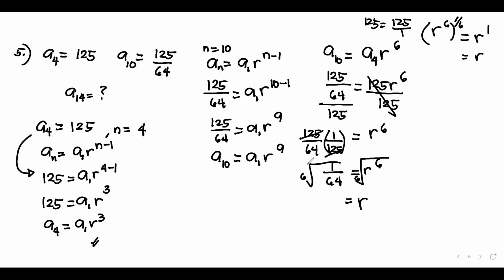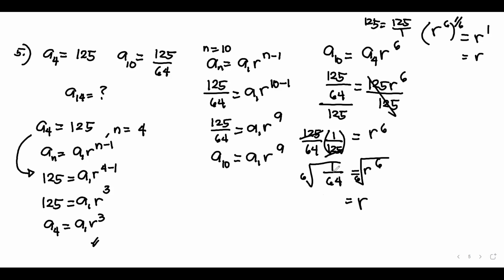And how do we get the 6th root of 1 over 64? Think of a number that when you multiply it by itself 6 times, the answer is equal to 1. Same with the denominator: think of a number that when you multiply it 6 times by itself, the answer is 64.